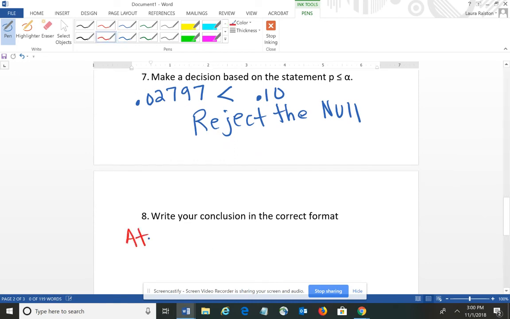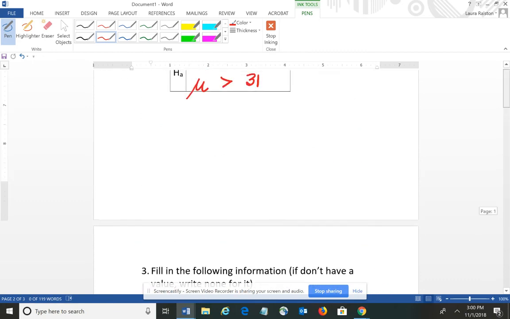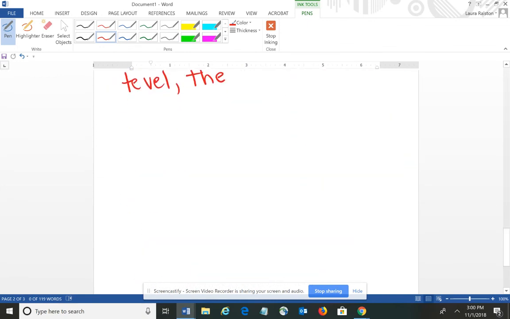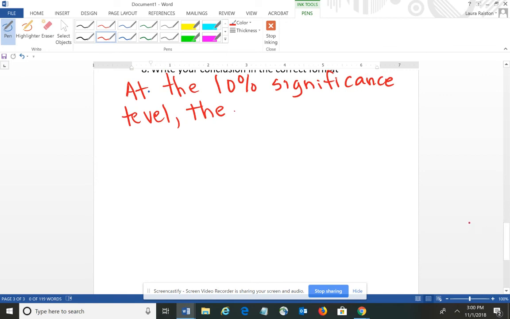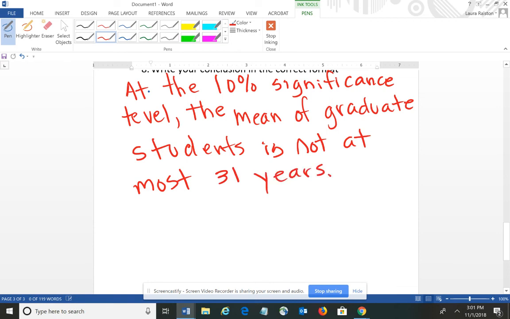So we say, at the 10% significance level, and there are different ways to phrase it, but I would probably say the mean age of graduate students is not at most 31 years. And there's your conclusion.